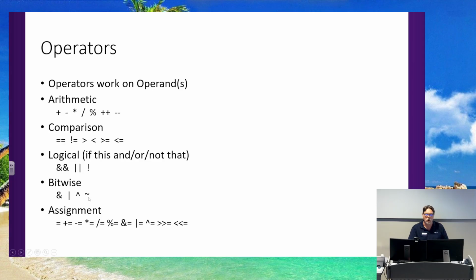So this is what we would call the exclusive OR operator. It works on bits, and you can look up the truth table for exclusive OR. If I have a 0 and a 0, they're the same, so that would be false.